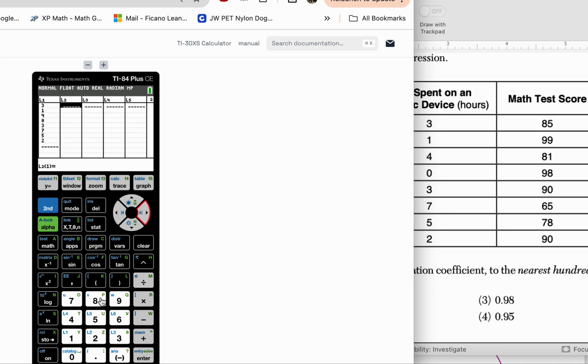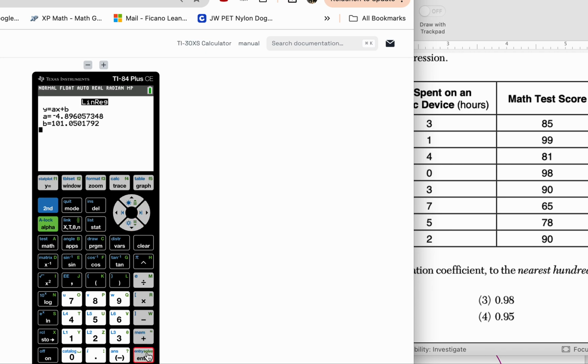Okay, then I have 85 in line 2, 99, 81, okay, 98, 90, 65, 78, and 90. Now I'm going to go to stat again and hit calculate linear regression.